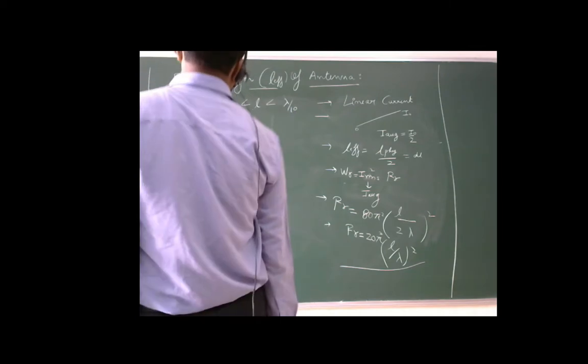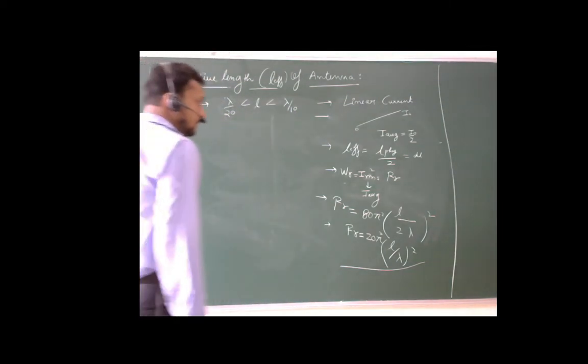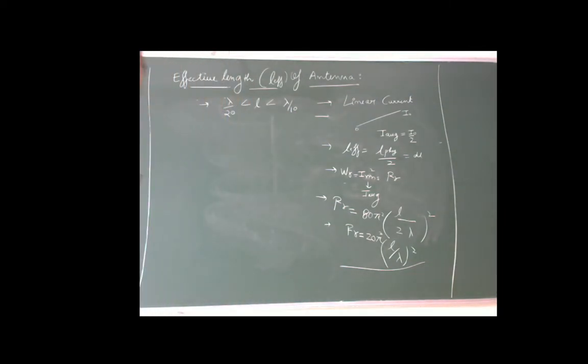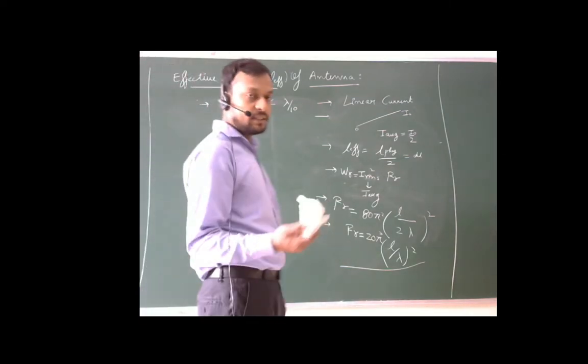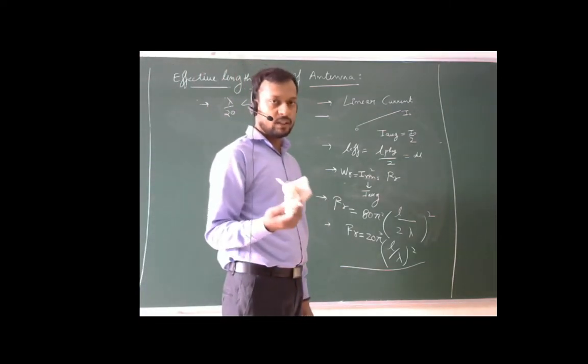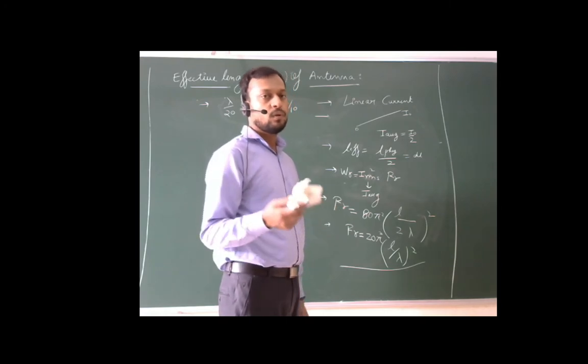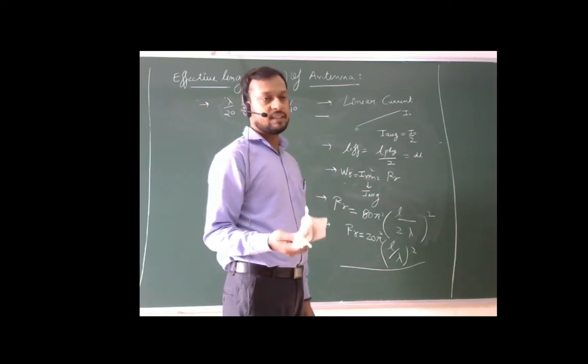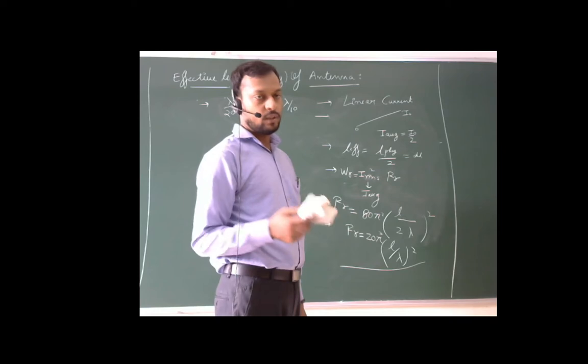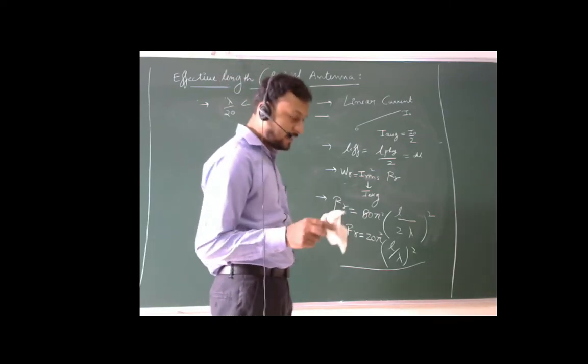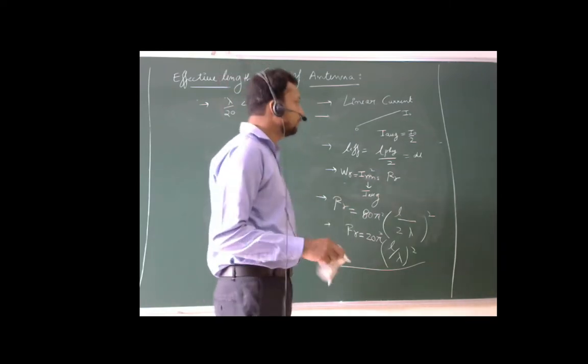Now we will see the third case, where length is around lambda by 4, lambda by 8, lambda by 2 we can consider. So lambda by 2, lambda by 4, lambda by 6 and lambda by 8. For these lengths, the current is harmonic in nature.